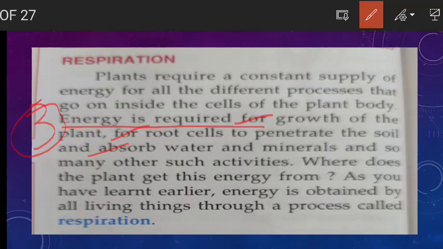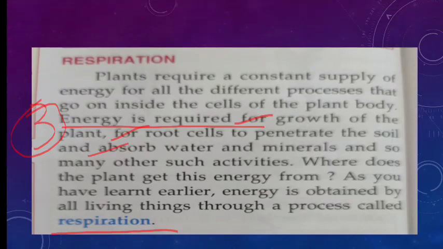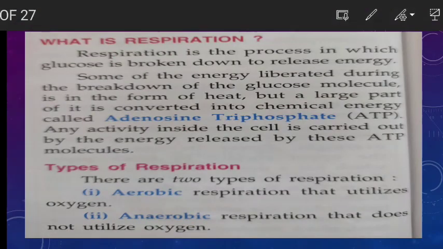Clear? Or how plants use their energy. Then where does the plant get this energy from? As you have learnt earlier, energy is obtained by the process called respiration. Clear? So now it's very clear. Next slide, I am going to discuss respiration. Respiration is the process in which glucose is broken down to release energy.